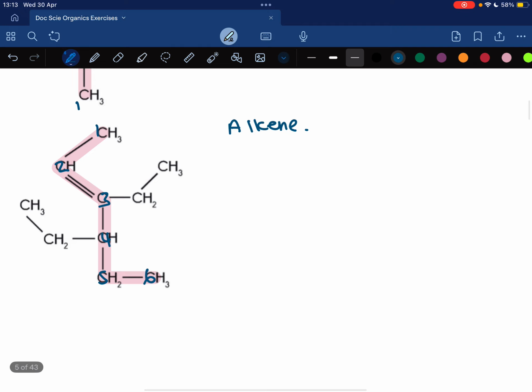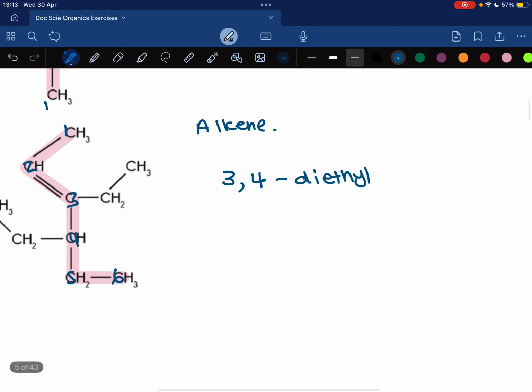So it will be 3,4-diethyl, and then hex, that's on the second carbon, 2-ene.